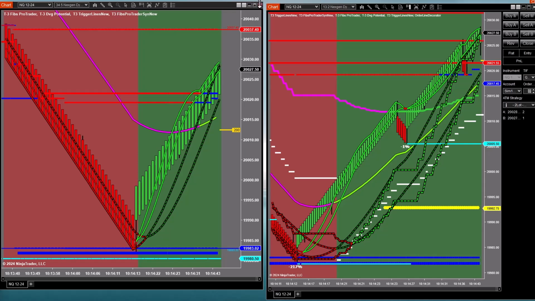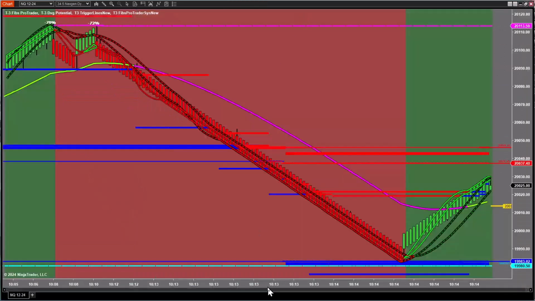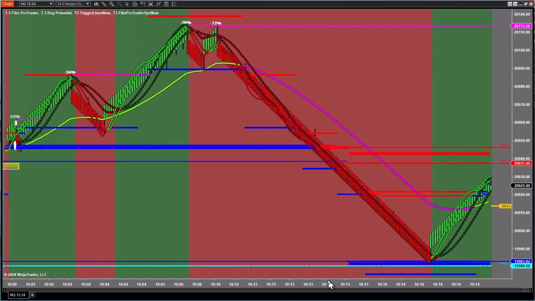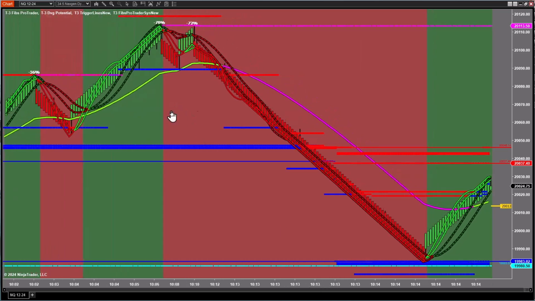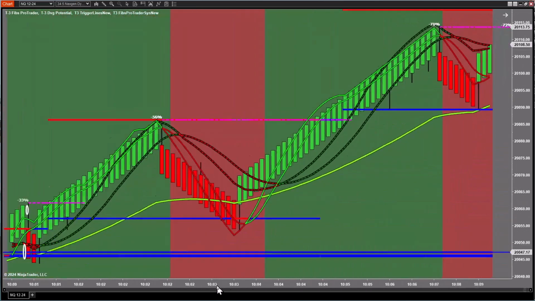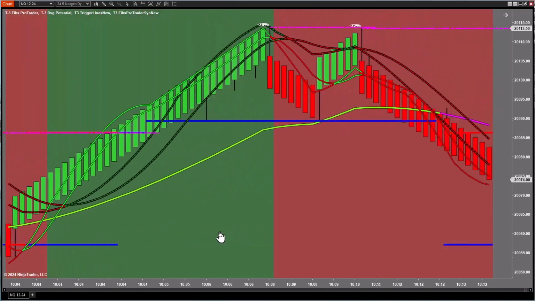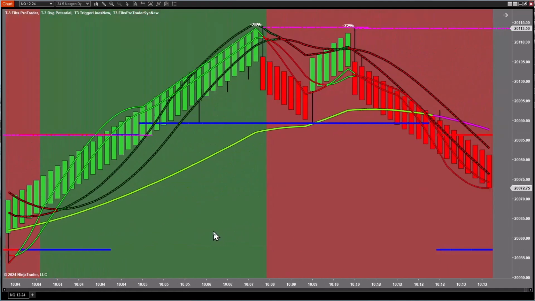All right, so we might have missed a smidge of action. Look, it's so easy to read once you spend enough time with it. Obviously, I've got a couple years under my belt, so it's very easy for me to read. We have resistance, it breaks, and all of the trigger lines are above it, so you get the opportunity for some type of long trade.